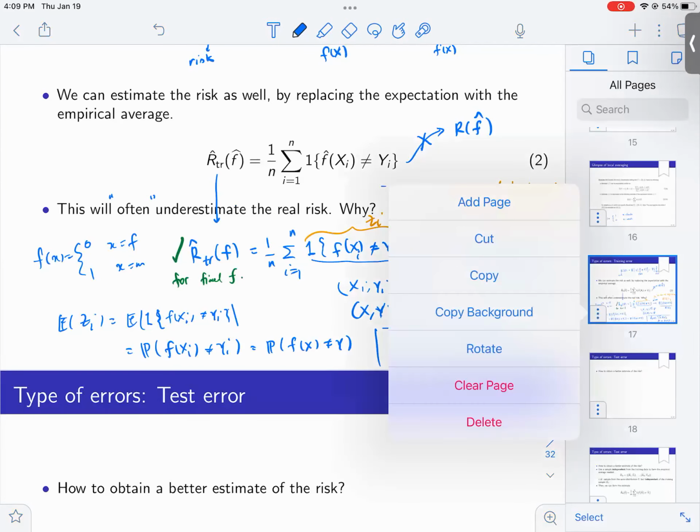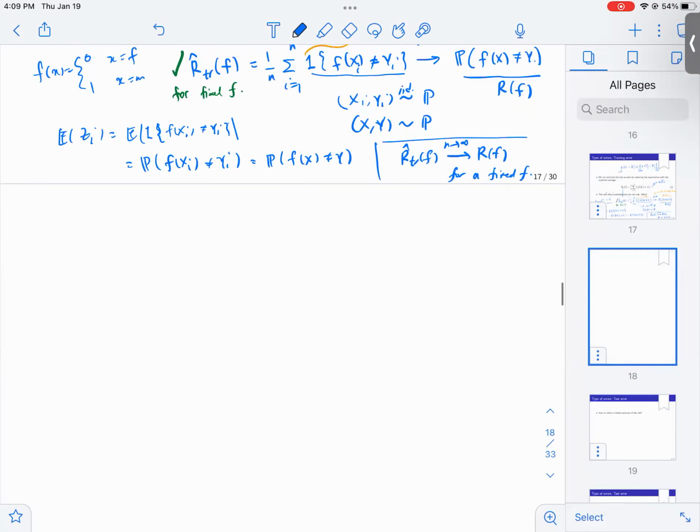Sometimes I write it as f hat of x semicolon dn, and dn is all the training data: x1, y1, dot, dot, dot, xn, yn. I put this to emphasize that this depends on the data as well, which we usually hide. The entire rule is dependent on the data because we use the data to learn it. If I change the data, this function is going to change, not always, but if I change enough of the training data.